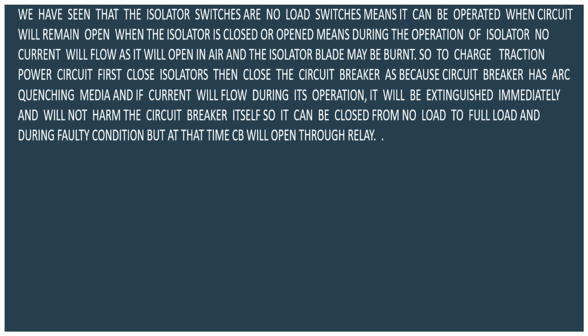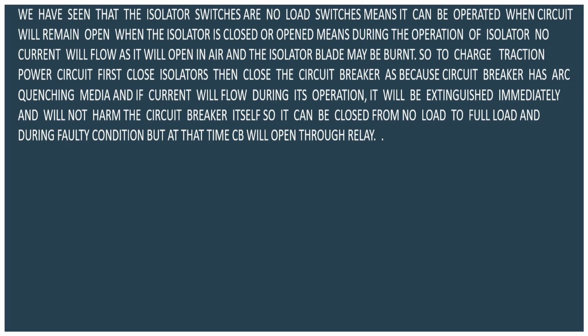So, to charge the traction power circuit, first close the isolators, then close the circuit breaker, because the circuit breaker has arc quenching media, and if current flows during its operation, the arc will be extinguished immediately and will not harm the circuit breaker itself.